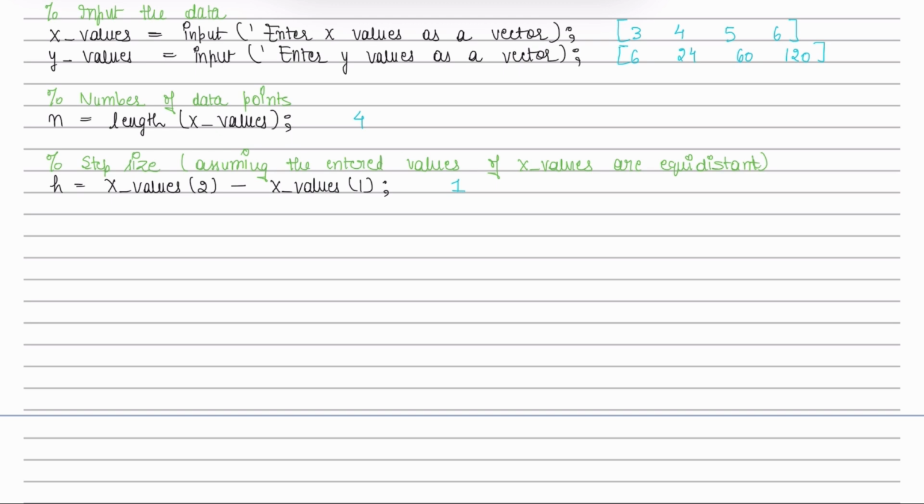Since we are writing this code to find the Newton's forward or backward interpolating polynomial, we define the symbolic variable for constructing the polynomial, and we can do this with the help of symbolic form x.